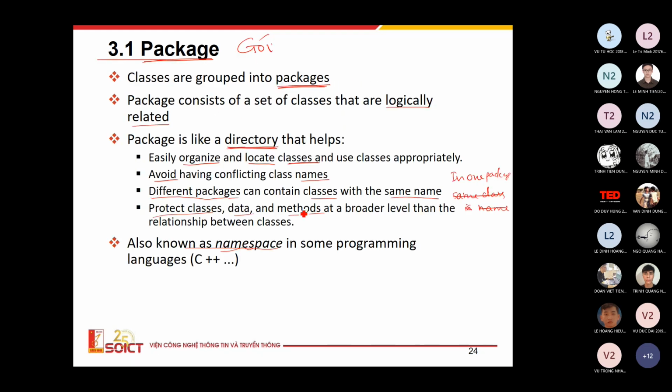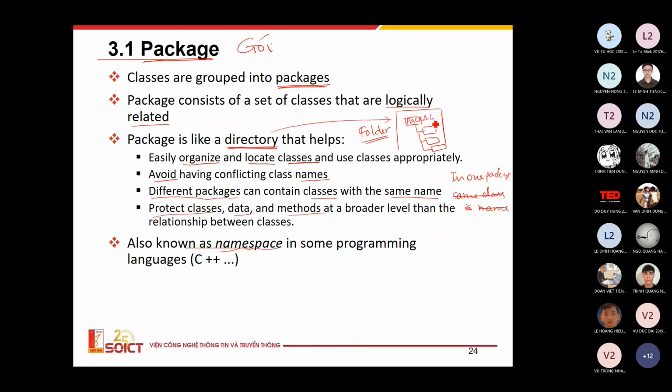For example, here we say that the package looks like a directory. So when you write your program, you see something in the source code like this. It looks like a folder on your computer, and here we have the package.